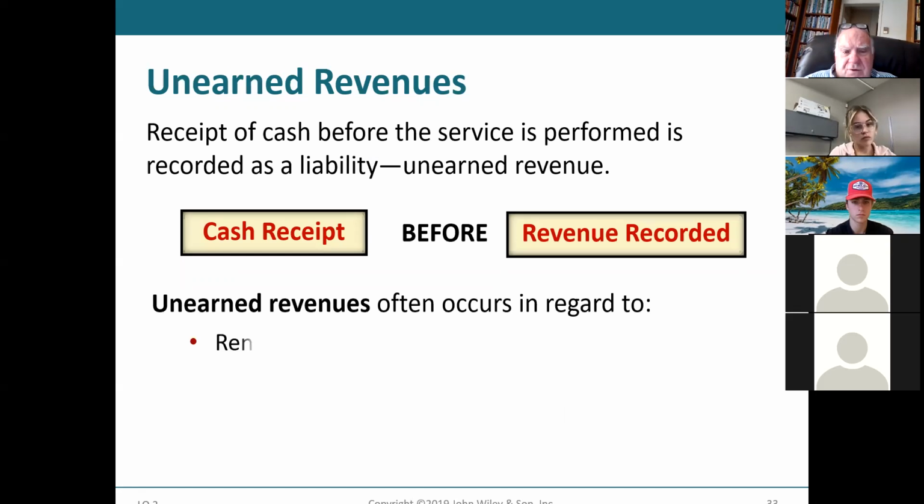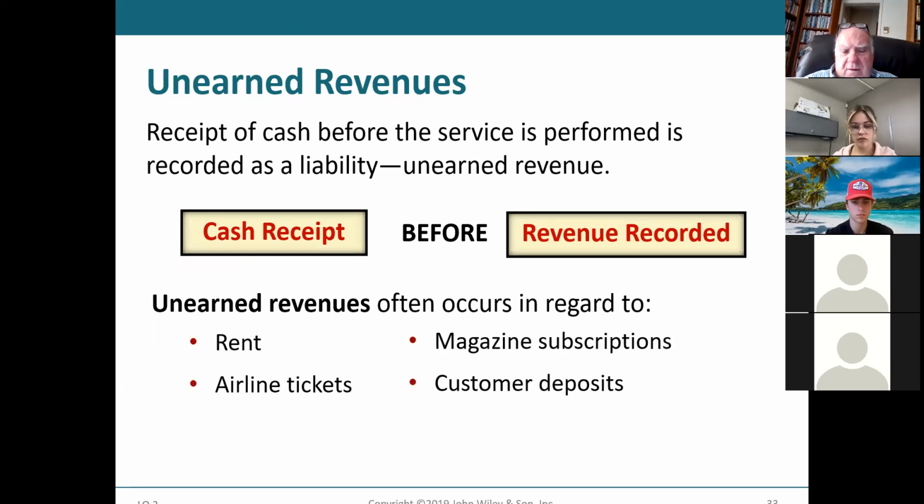Say you bought airline tickets for your Christmas vacation, maybe at the end of the year. Well, when the airline got your check, they debited cash and they credited unearned ticket revenue because they can't call it revenue on their income statement until that plane is in the air.